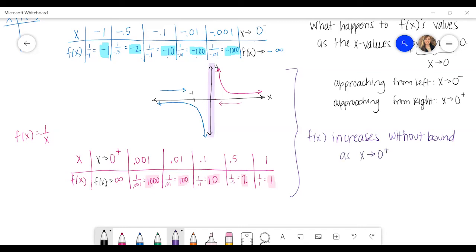And then on the other side of this is f of x decreases without bound as we approach from the left. And really, when one of these two things happens, this is where we run into domain issues. We're going to tie this in with vertical asymptotes in a little bit from now. But we want to kind of unify these concepts.